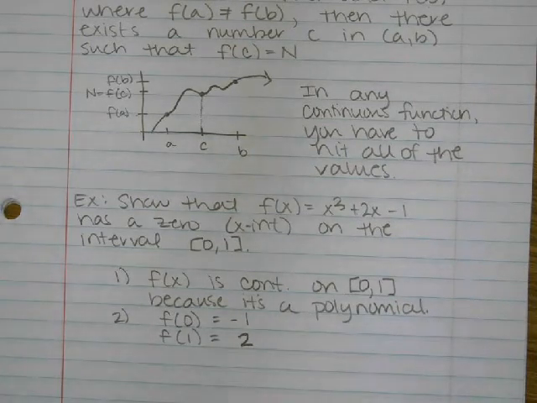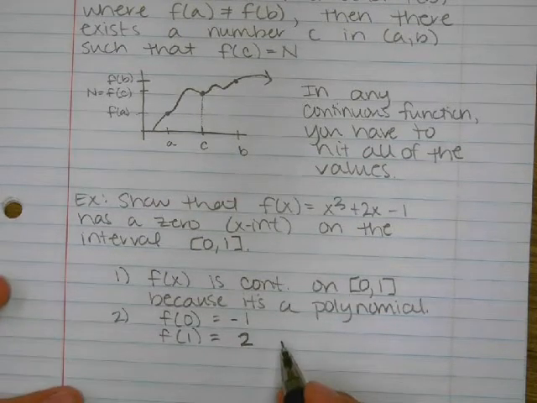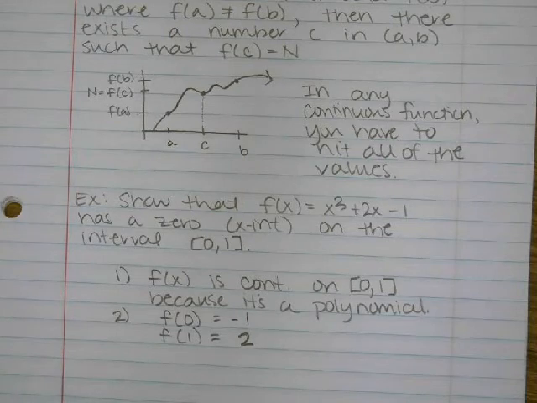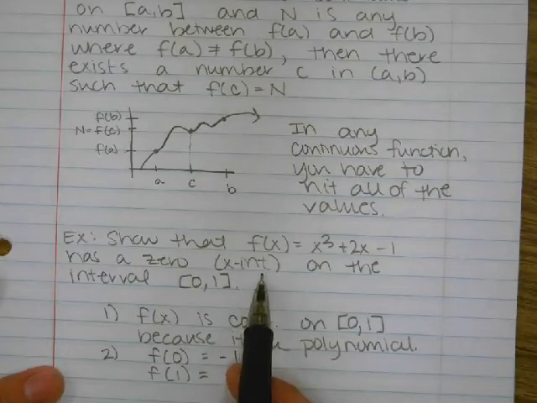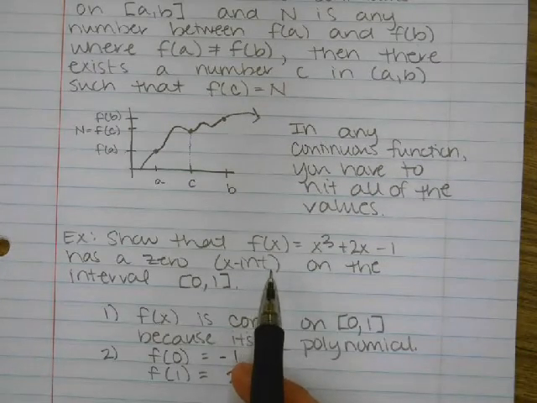Now we want to see if n is a number that could be in between these. The answer is yes, because we're looking for the 0 of the function, and if you have a 0, that's an x-intercept, which means the y-coordinate there is 0.